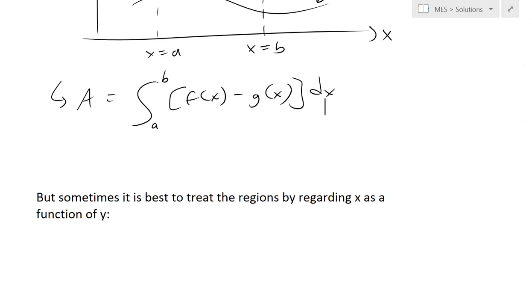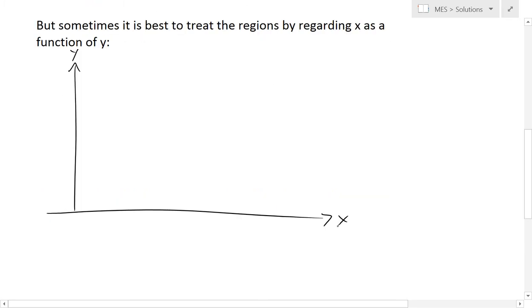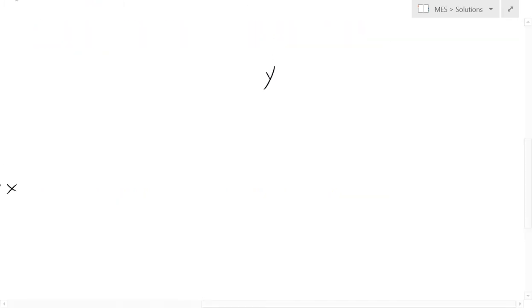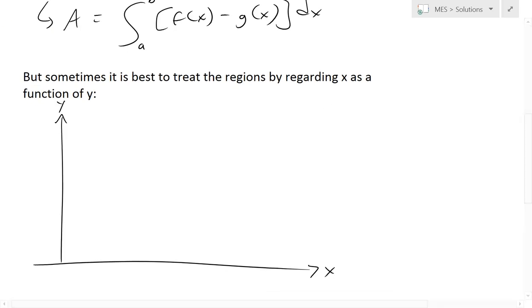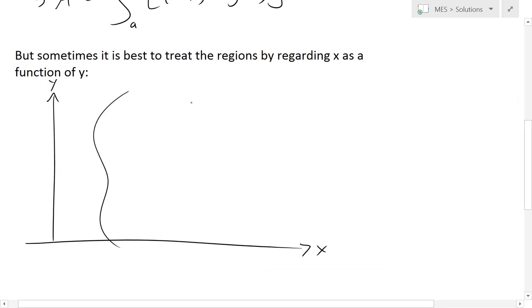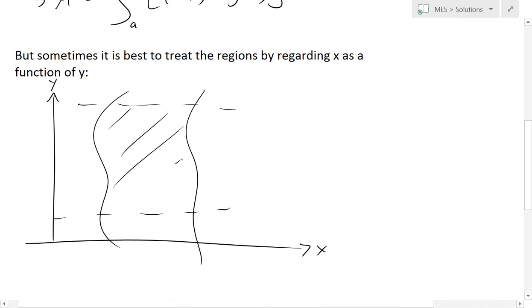But sometimes it is best to treat the regions by regarding x as a function of y, and I'll do an example in a later video. So for example, if you had a function that looks something like this, and we want to find the region between, let's say, this right over here, it's easier to write this as a function of y.